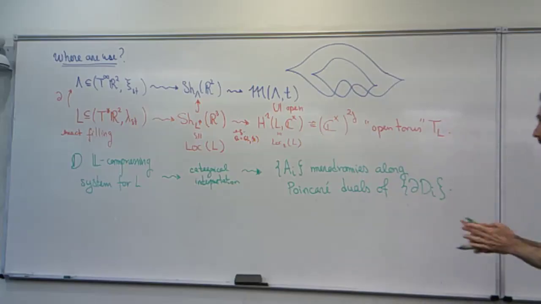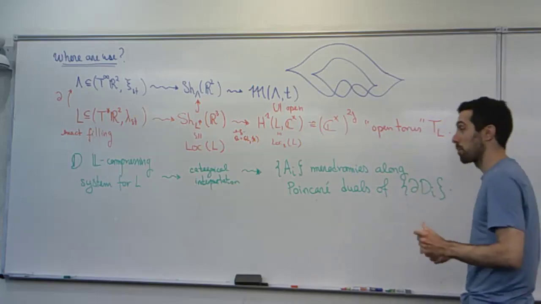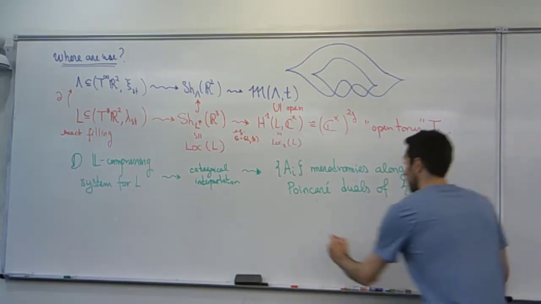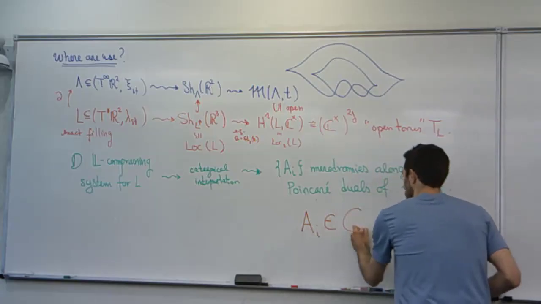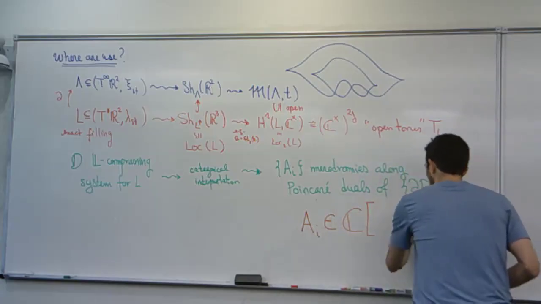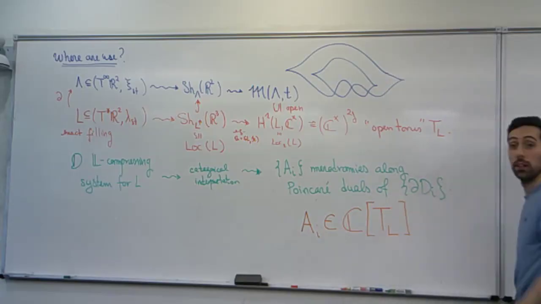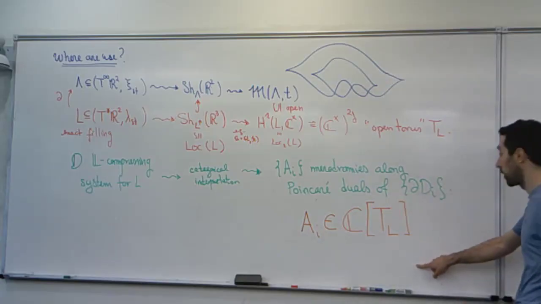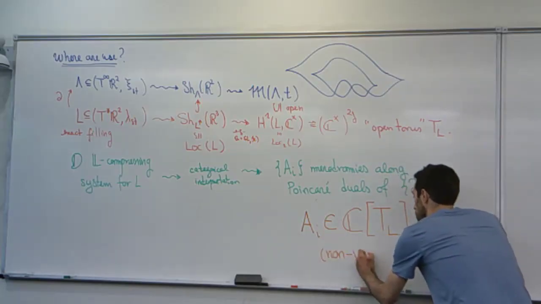And now what's really important, and I cannot emphasize this enough, is that each of these A_i is a function which, the way it is built, it's only obvious that it's a function on T star T of L. It's only a function on that torus chart. And by the way they're built, this is non-vanishing.